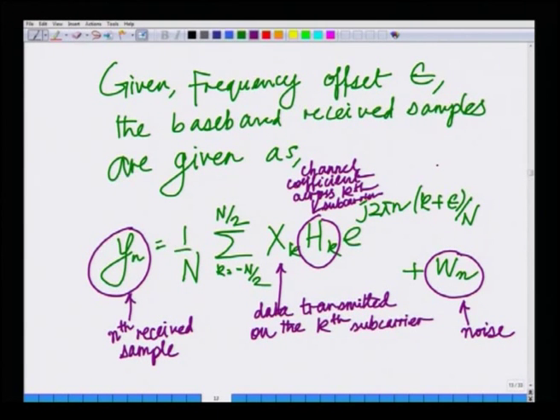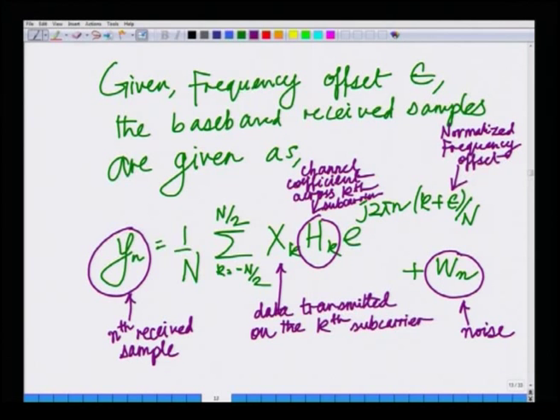And epsilon is the frequency offset. In fact, epsilon is the normalized frequency offset. Now, this is the nth received sample as a function of the normalized frequency offset.